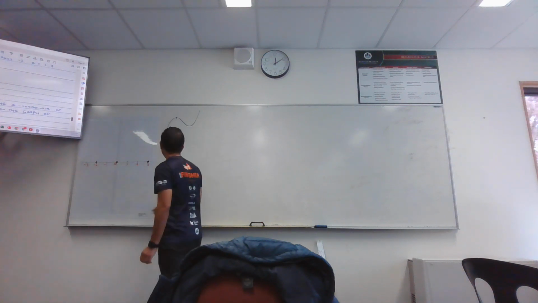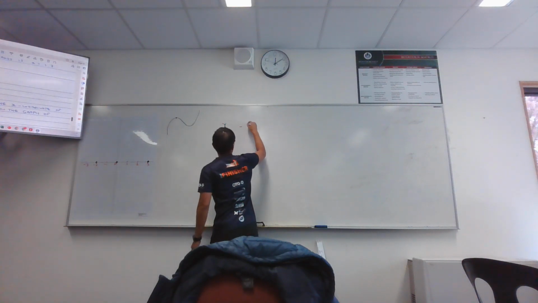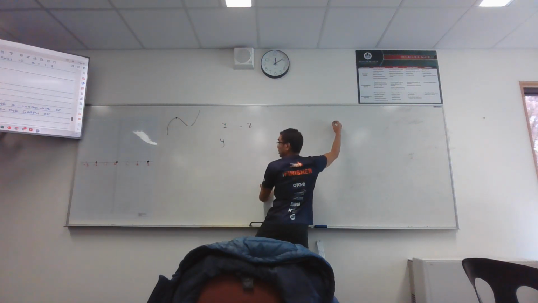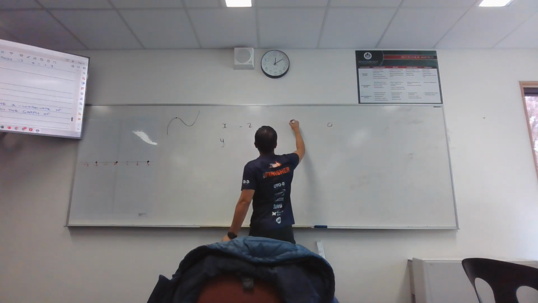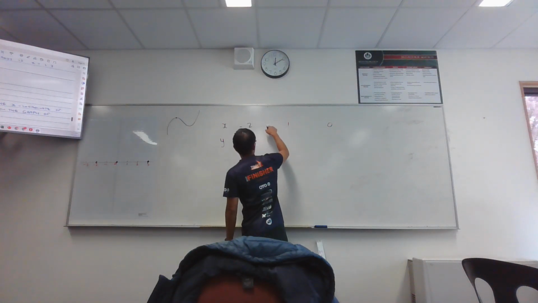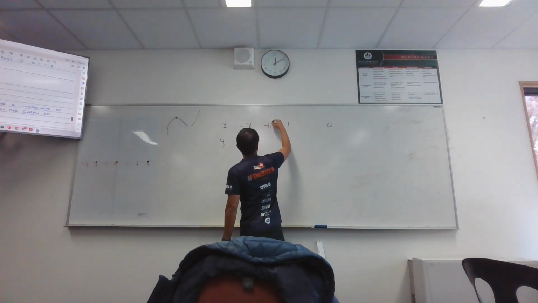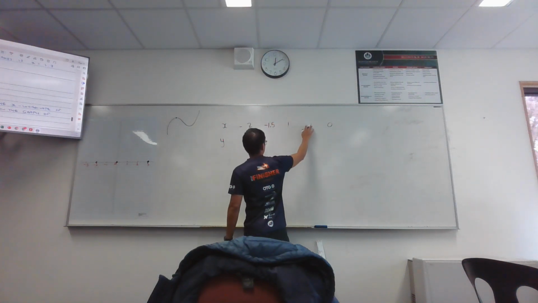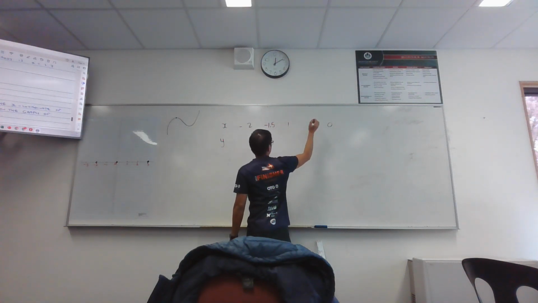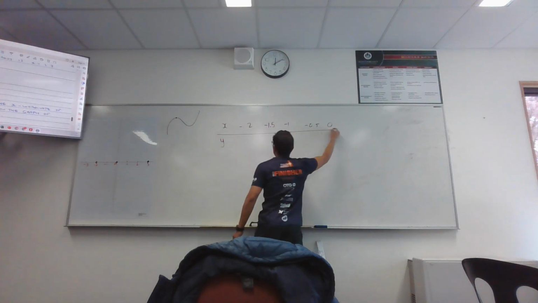So that's what we're going to focus on right now. We're going to go from -2 all the way to 0. We might look at 1 in the middle. We're just looking at what values to put in here: -1.5, -0.5, and this should be -1.